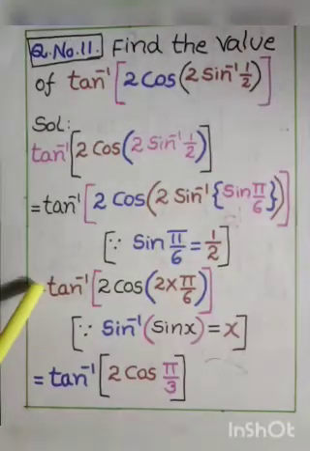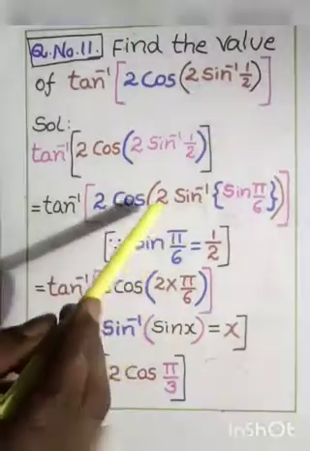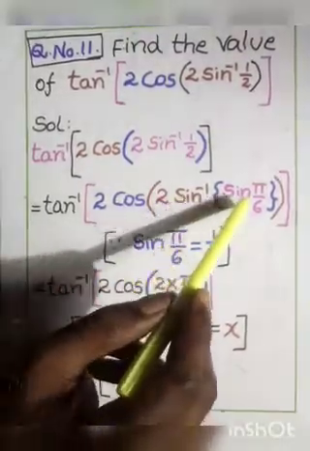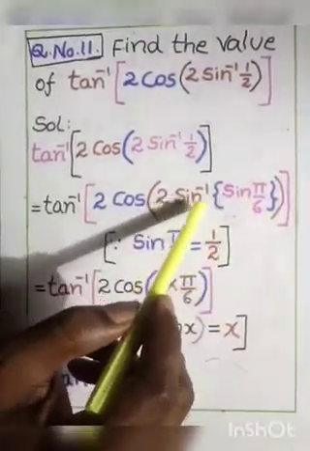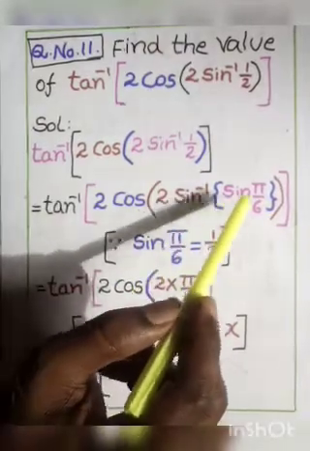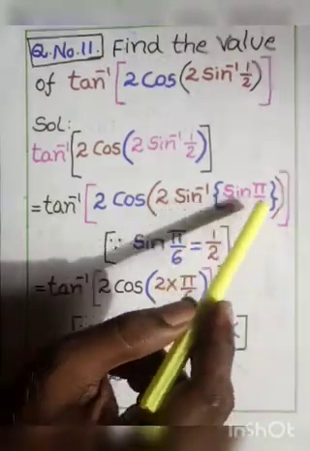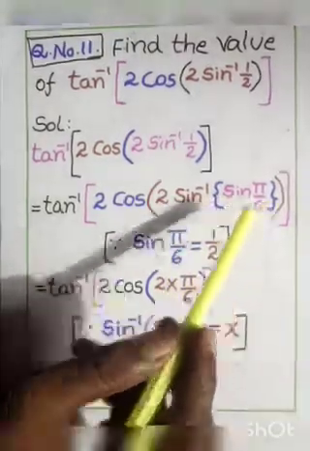Okay, my dear children, that is equal to tan inverse of 2 cos of 2 into. Here, if you observe this part, it is in the form of sin inverse of sin theta, which is equal to theta only. This is the property of inverse trigonometric functions.